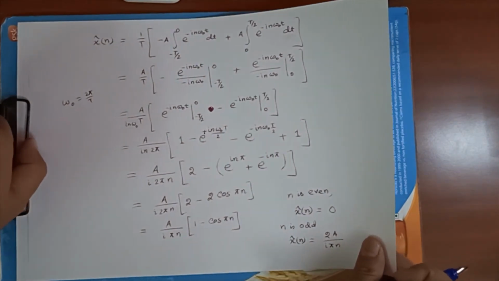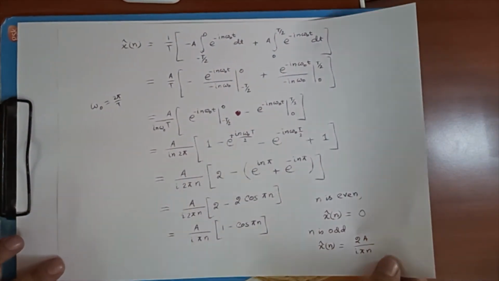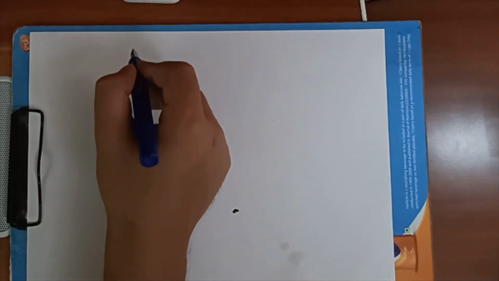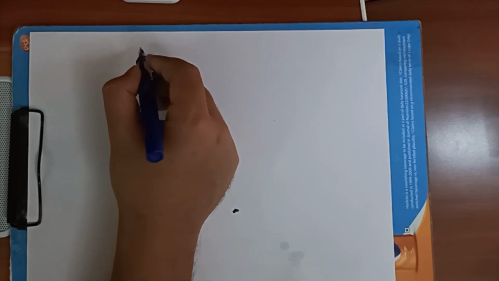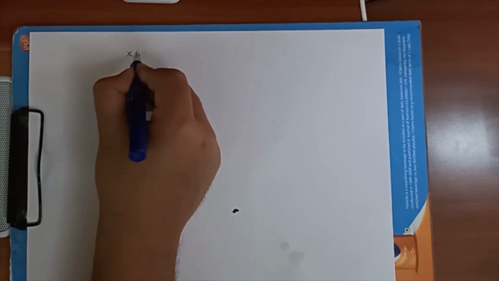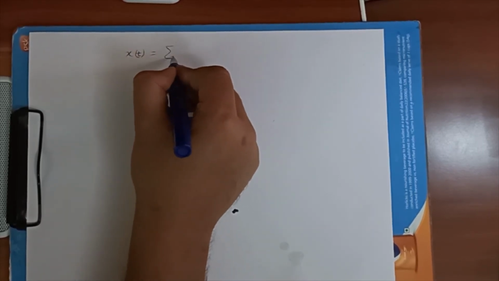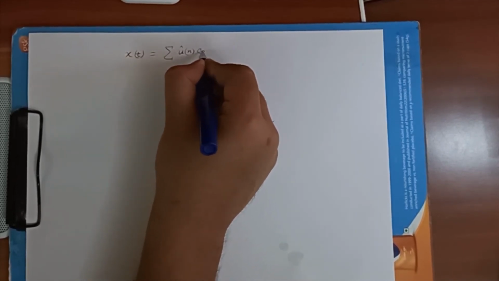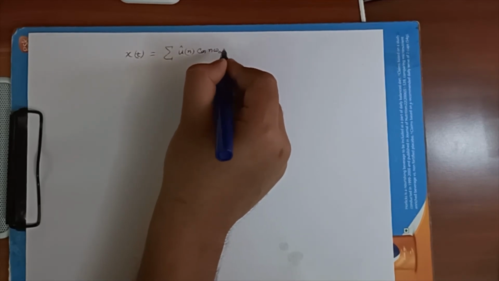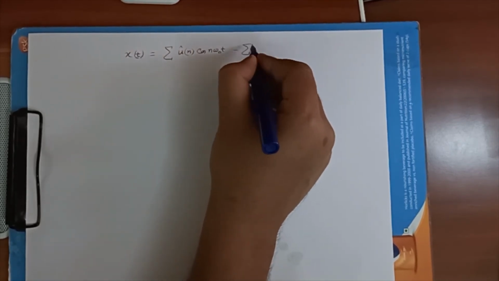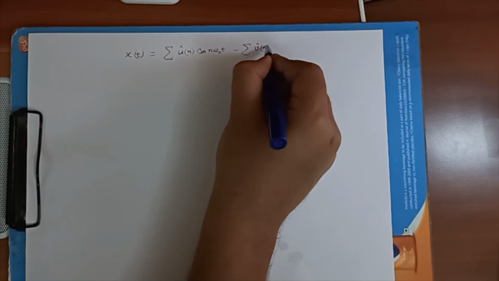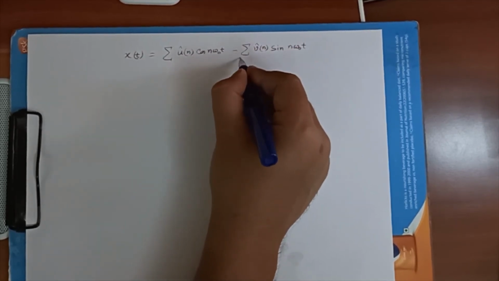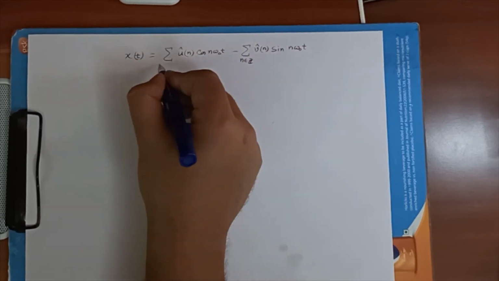If I get that, I'll actually go to the real Fourier series. It will be even more interesting. So we know the real Fourier series connection, that we can write x(t) as sum of u hat n cosine n omega 0 t minus summation v hat n sine n omega 0 t, in this way when n are all integers.